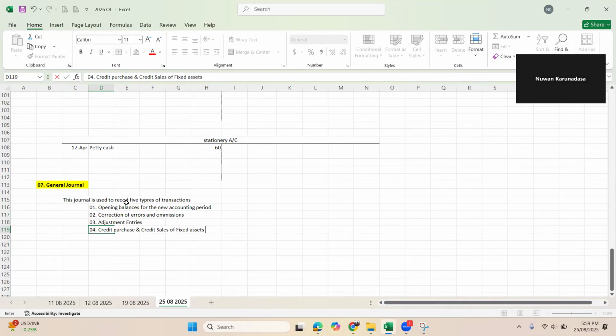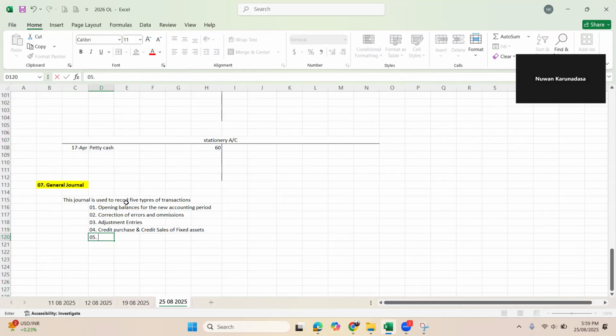We have learned the difference between the inventory purchase and sales and the fixed assets. So fixed assets, actually we are not buying for the trading purpose. The fixed assets will be purchased for the usage of the business, right? Remember, fixed asset we are buying for the usage of the business, not for trading purpose.